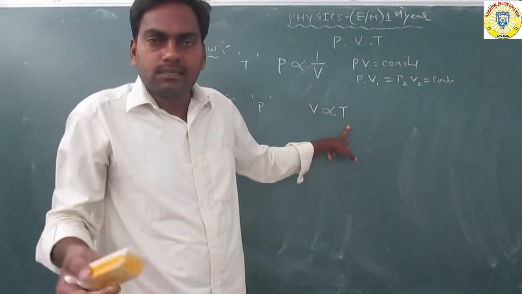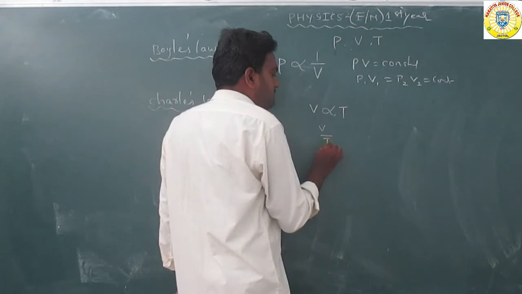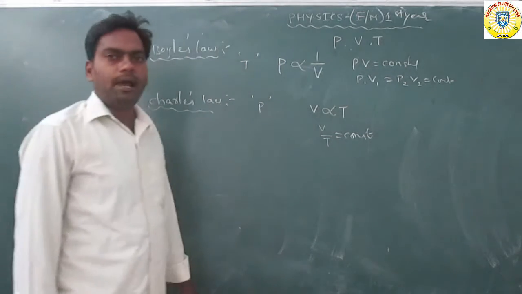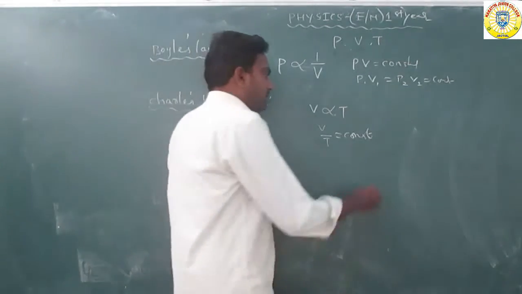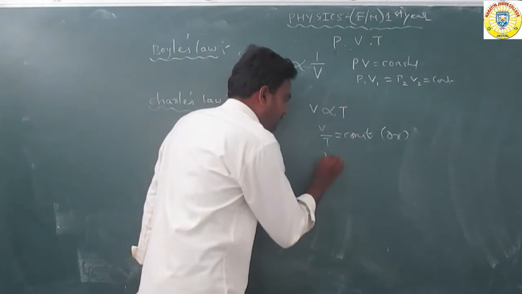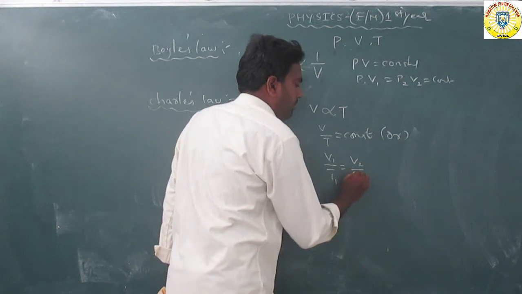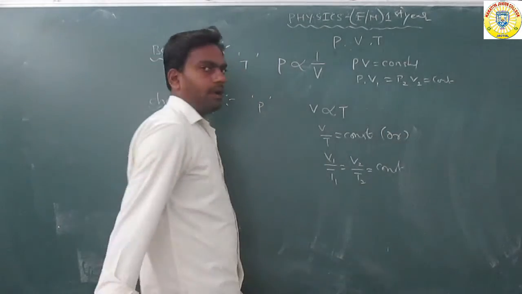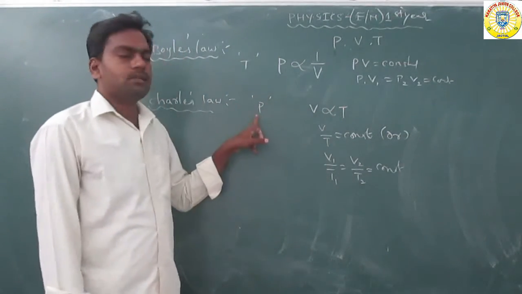We can write it in another form: V by T is equal to a constant.